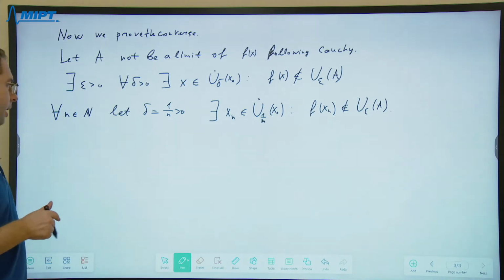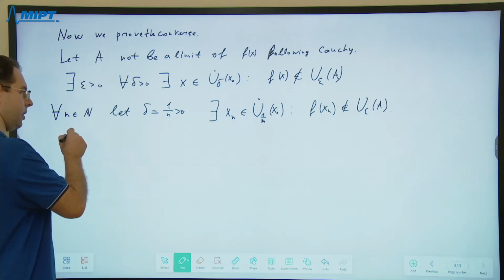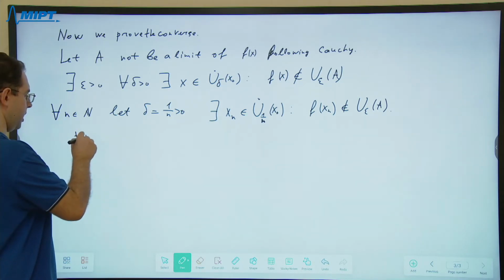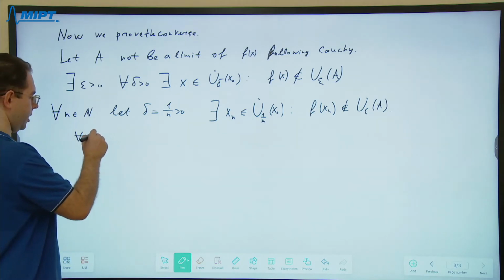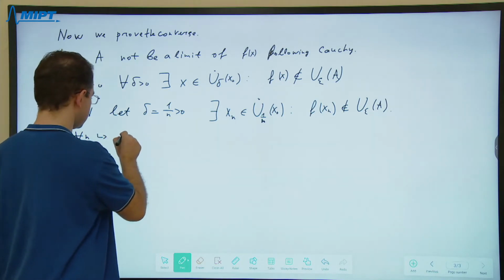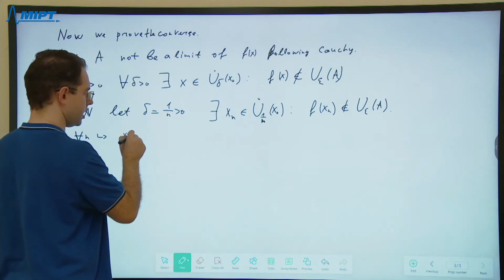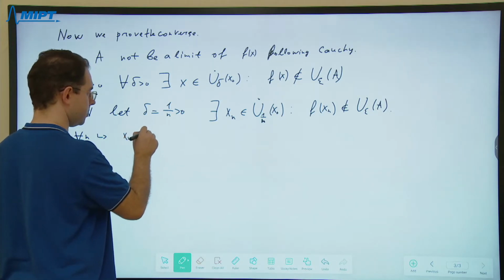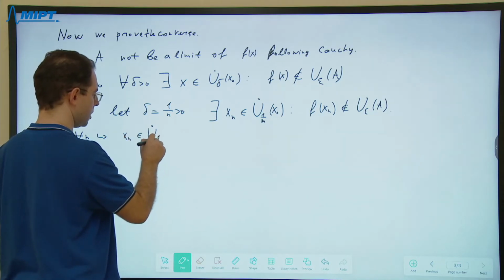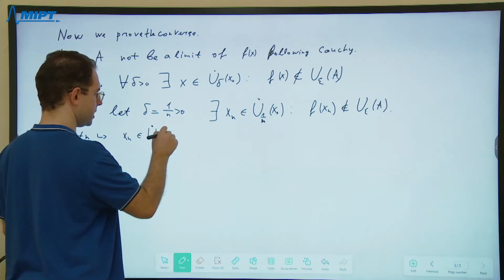So for any n, we constructed xn such that xn is from the deleted 1 over n neighborhood of x0.